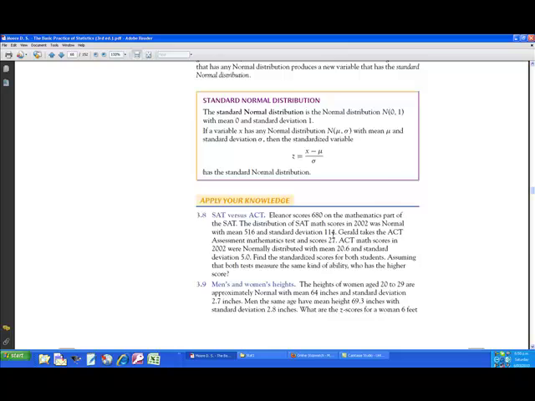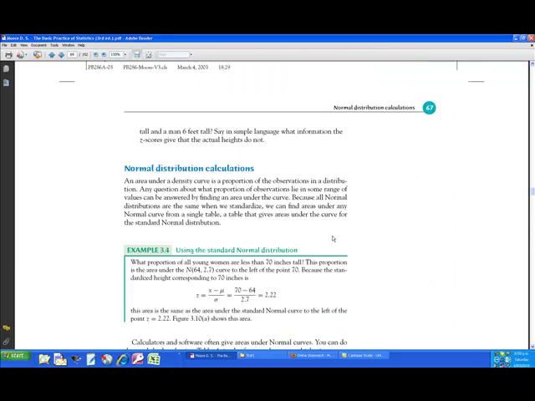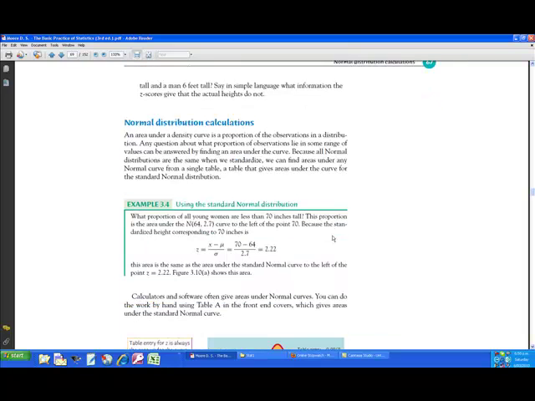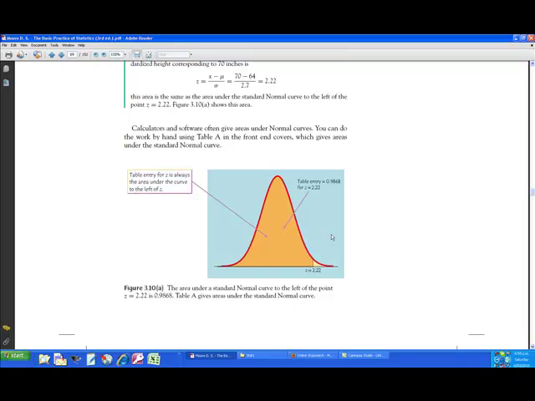Well, that's this formula here. So here is that woman's height, her standardized score. It's z equals 2.22.